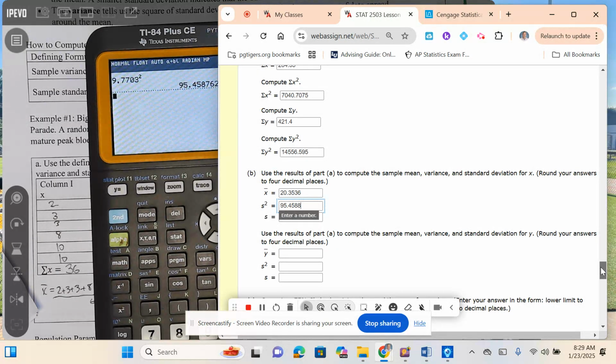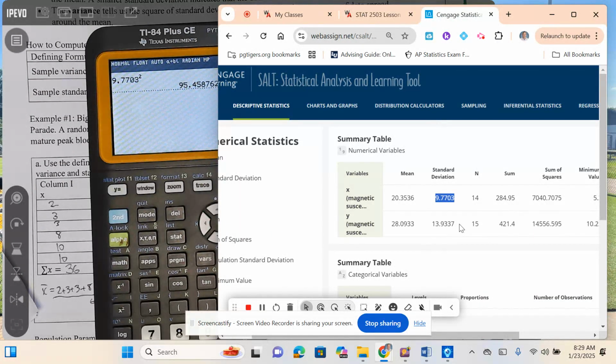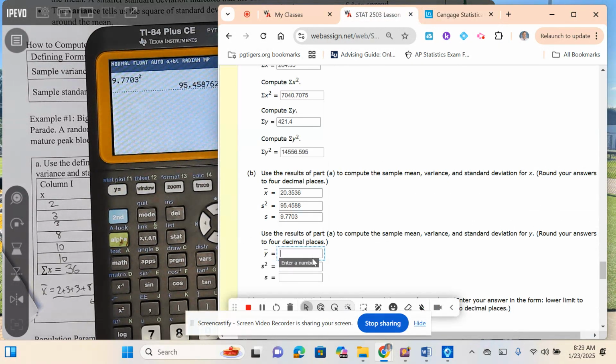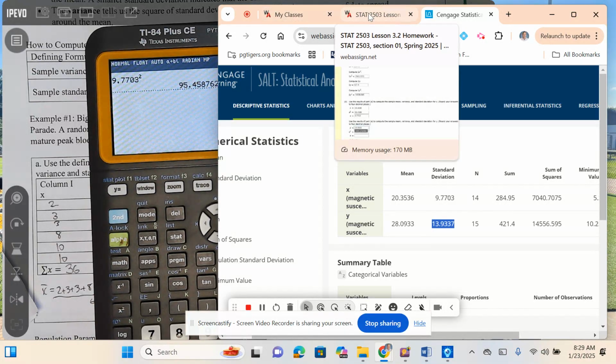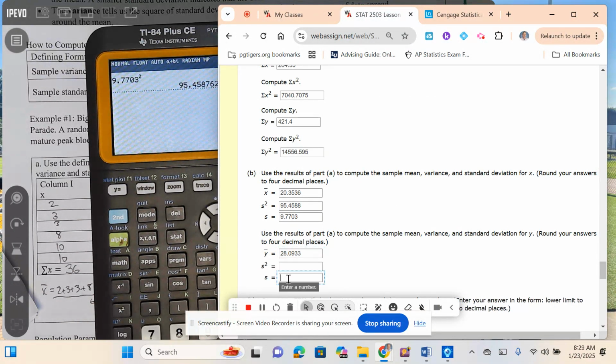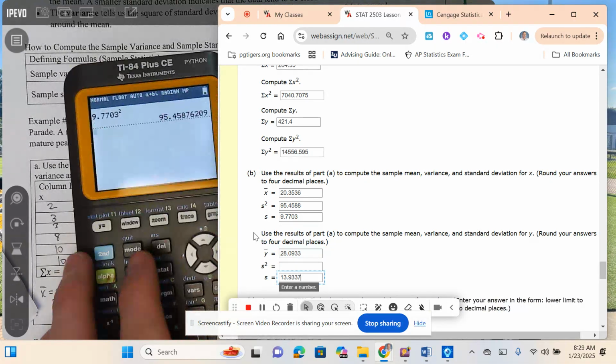Now we're going to do the same thing for Y. Not too bad. So for Y, we'll go to the Y mean. Control C, Control V, sample standard deviation, Control C, Control V, and then the variance is just this squared.